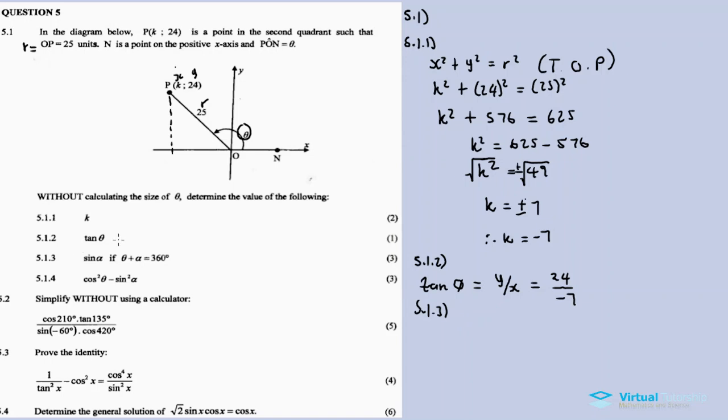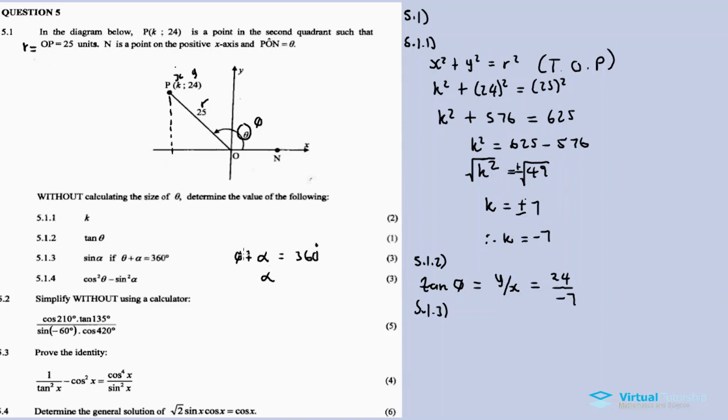5.1.3. Here they try to complicate things a bit, but we have it: theta plus alpha is equal to 360 degrees. Now, I cannot calculate alpha, since my sketch is in terms of theta, the angle is theta but not alpha. So in other words, I must express alpha in terms of theta.